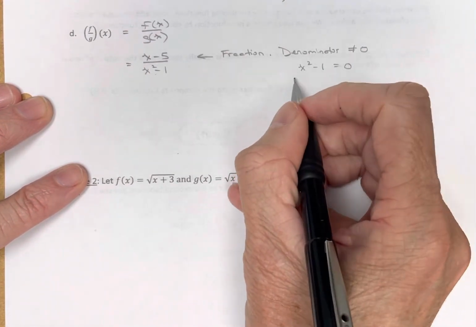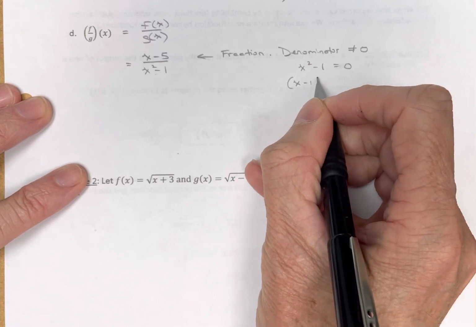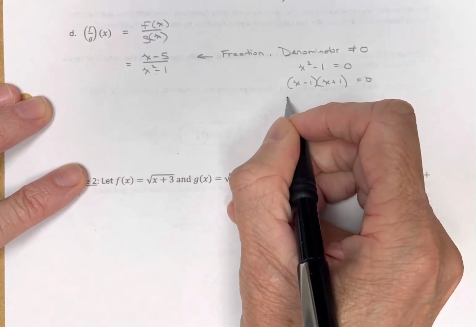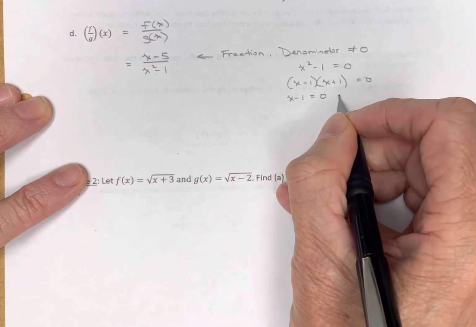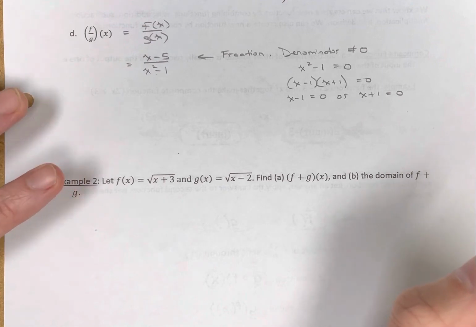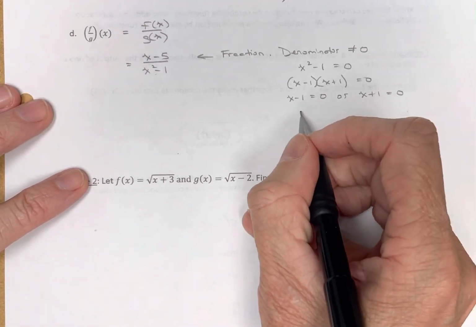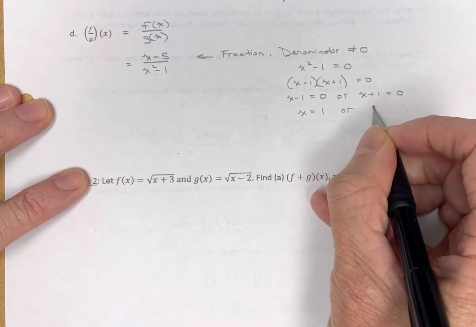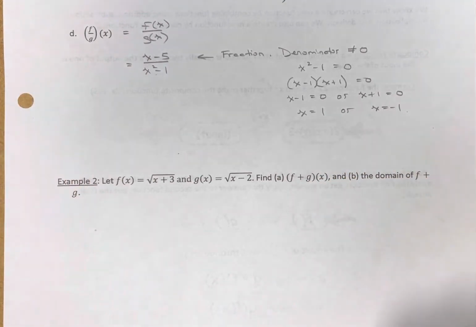x squared minus 1. When is it 0? Well, this is the difference of squares, so we'll factor this as x minus 1 times x plus 1. And we know that x minus 1 can be 0, or x plus 1 can be 0, according to the zero product property. So the denominator is 0 when x equals 1 or x equals negative 1.